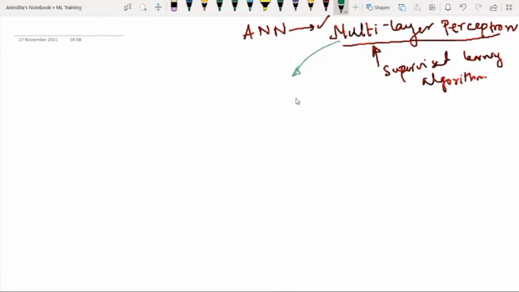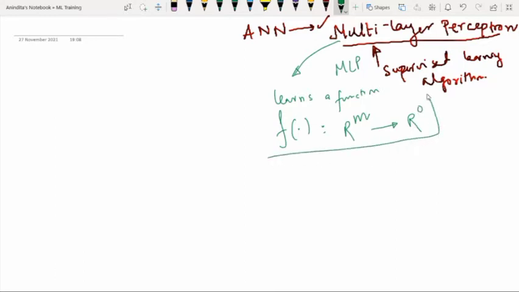We can say that this multi-layer perceptron, also known as MLP, is a supervised learning algorithm that basically learns a function. What function? Say it is learning a function f, which is a mapping function. It will map R to the power m to R to the power o.